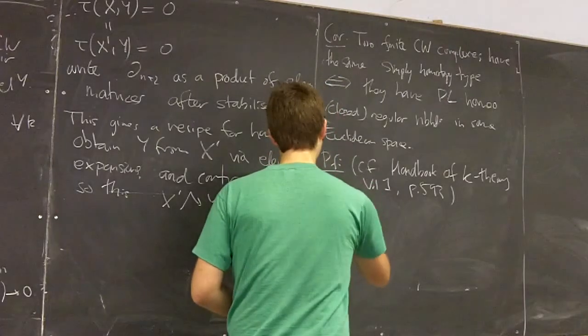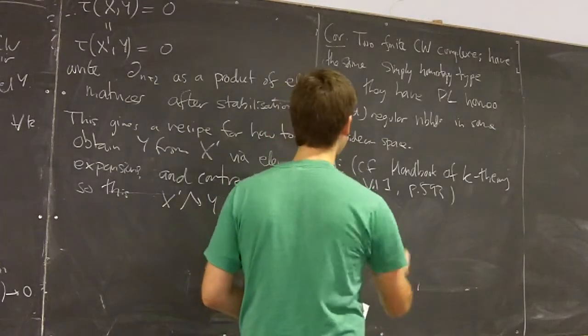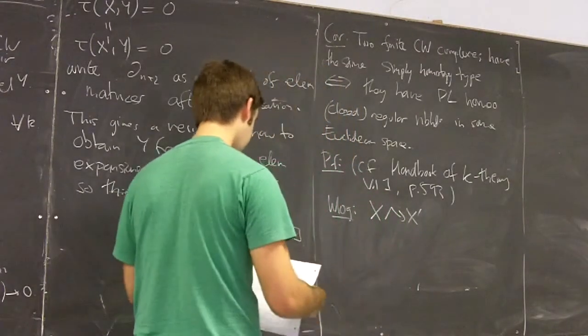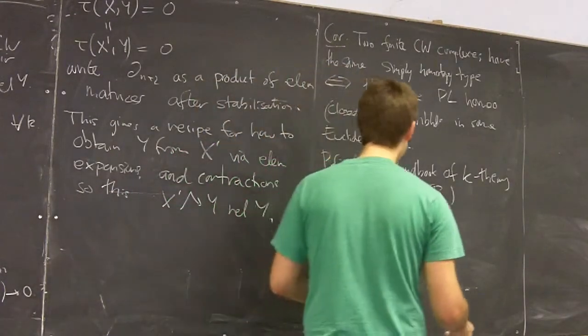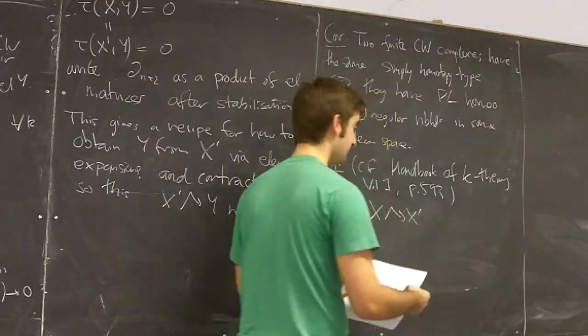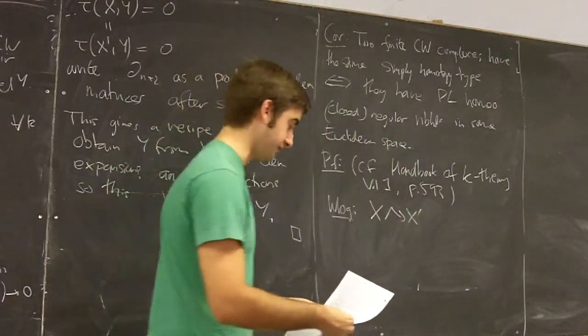And it says, without loss of generality, if we have x simple homotopy equivalent to x prime, we can think of this as the inclusion of one end of a mapping cylinder.